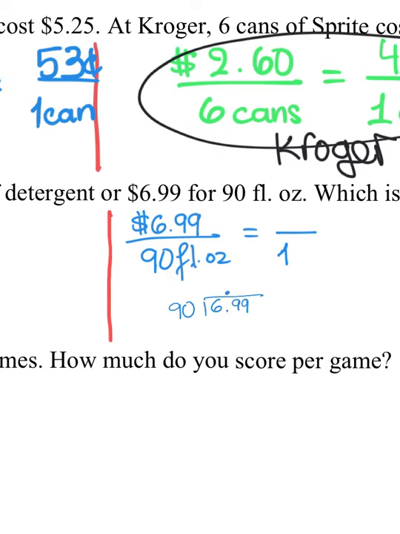Can 90 go into 6? No. 90 go into 69? No. So 90 go into 699. Yes, of course, it will be 810 when you multiply them.